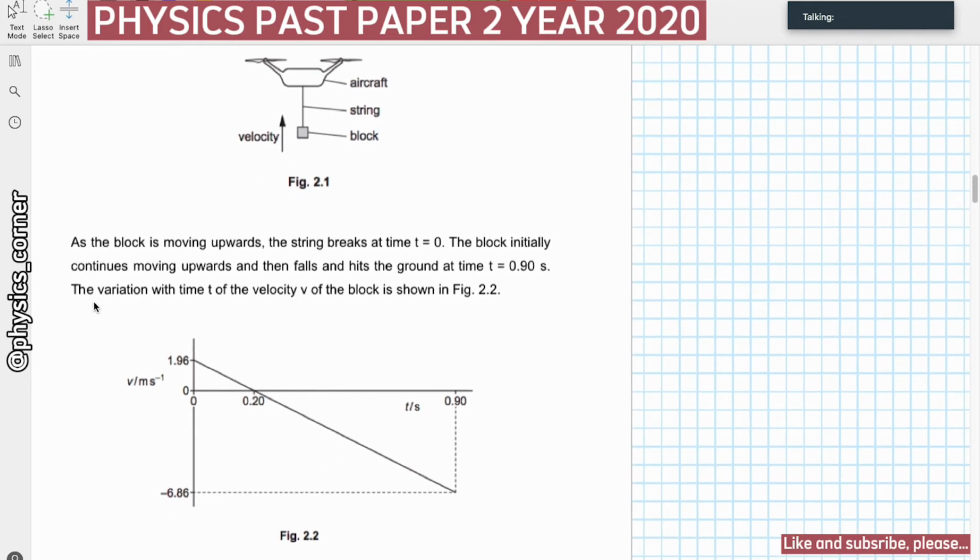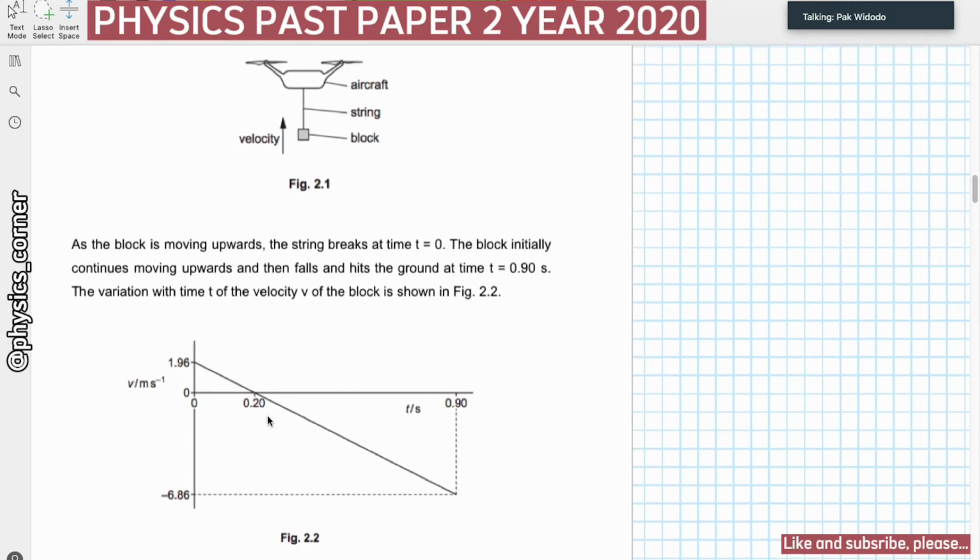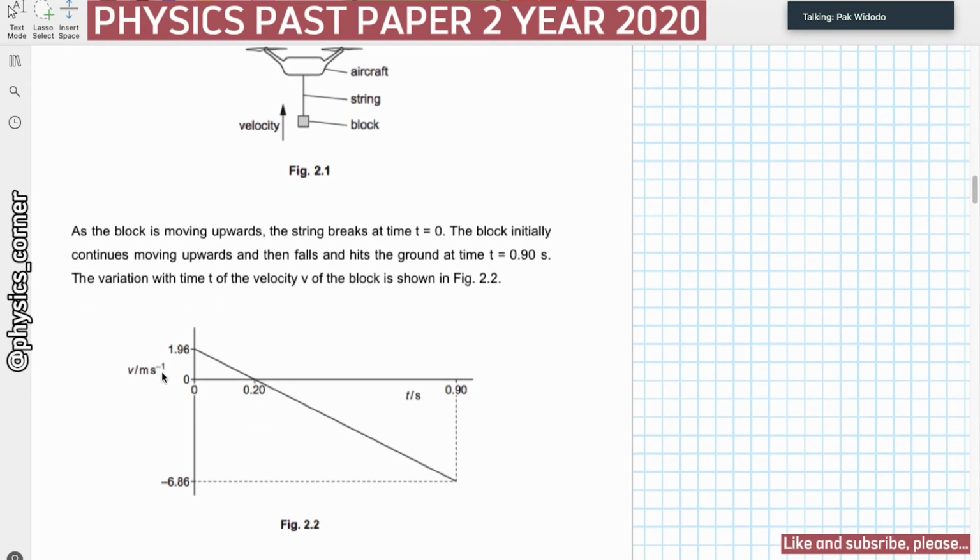The variation with time t of the velocity v of the block is shown in figure 2.2. So we check: the velocity decreases from 1.96 meters per second to 0 at time 0.20.